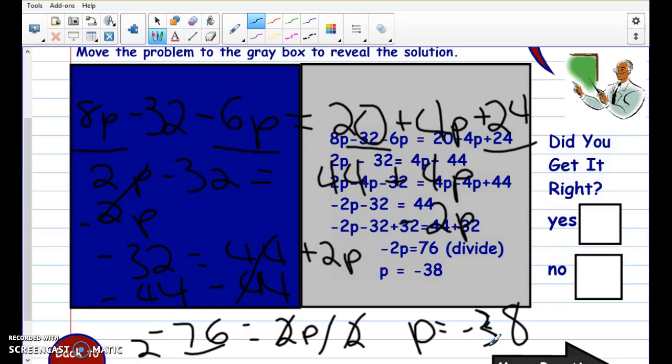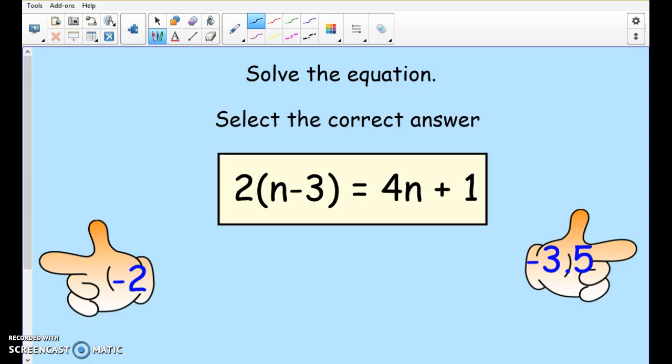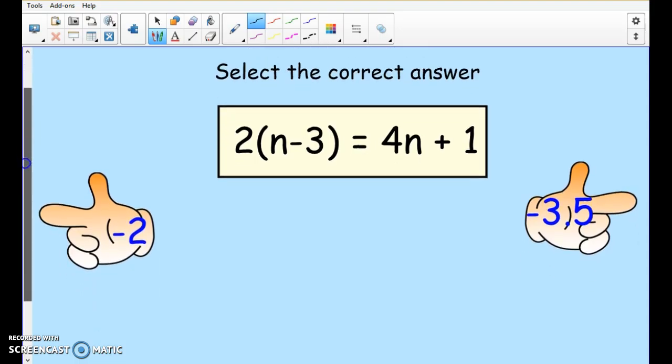All right, next one. We're finding which one is the correct answer. Which one could I plug in and get the correct answer? I have 2 times n minus 3 equals 4n plus 1. These are multiple choice, so let's just pick one, and if it doesn't work, then I know it's the other one.